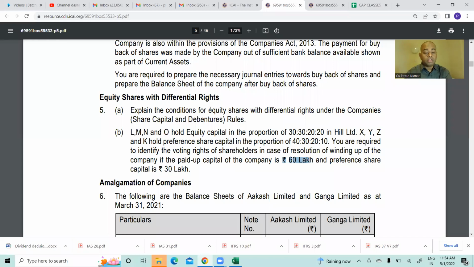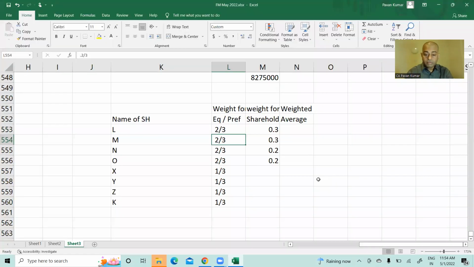So tell me, what about XYZK? 40:30:20:10. That's all. Now you need to combine both the parameters and then look at the weight. You tell me 2 by 3 into 0.3, how much will it be? Answer, madam.